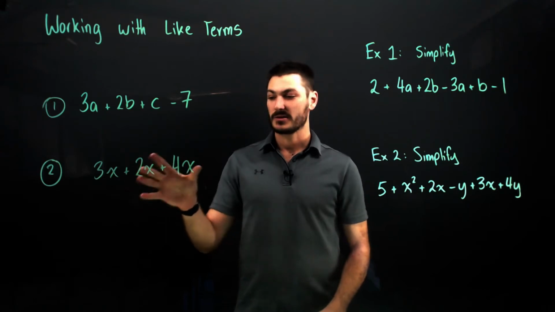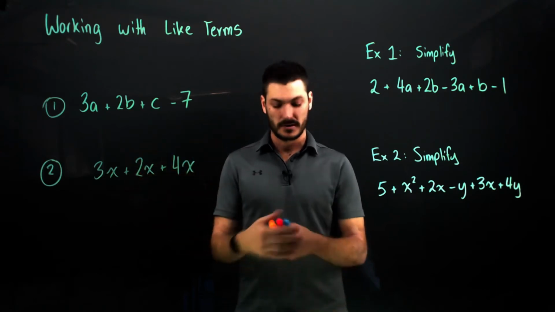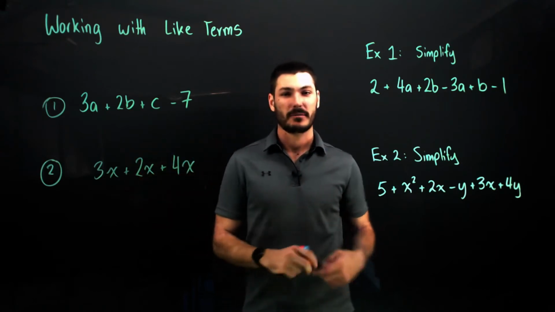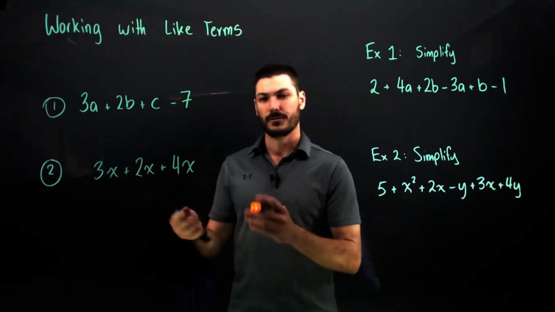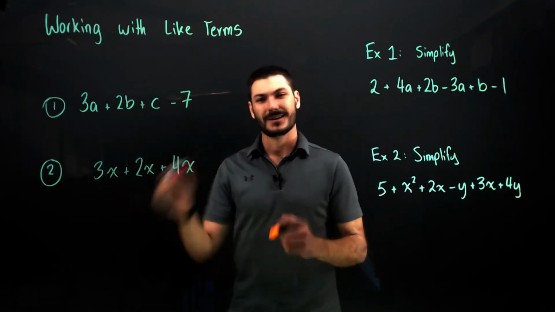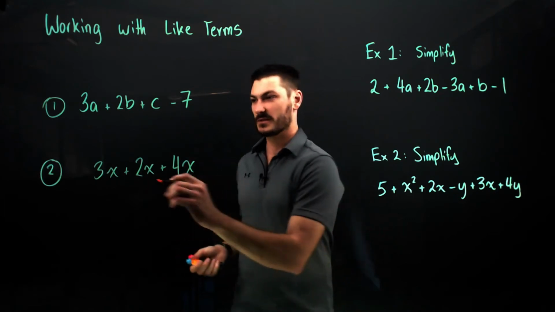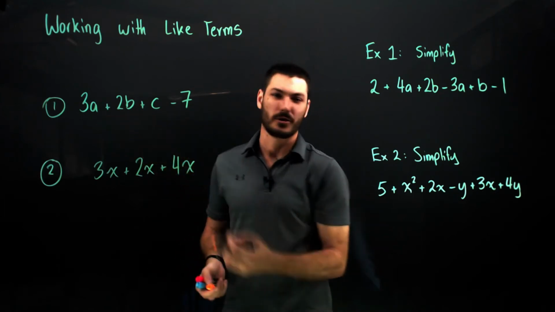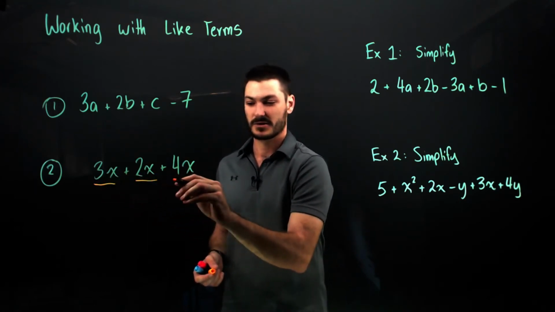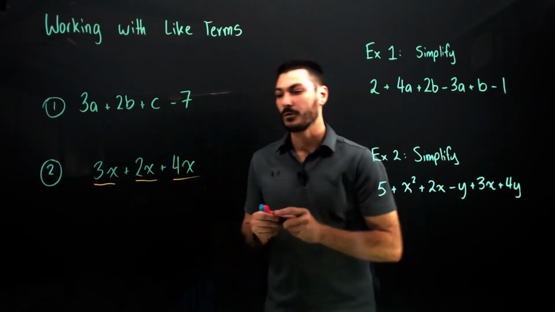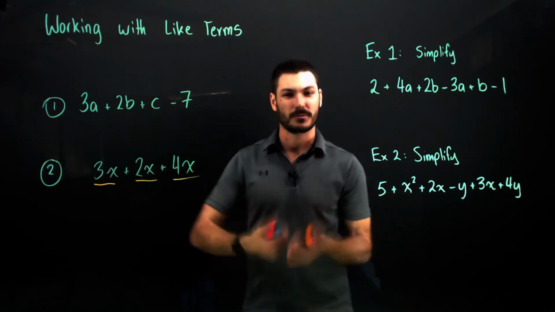We need to have a skill to recognize that. I highly recommend you grab a different color, maybe a red pen if you're working in black or blue, or a highlighter, and you go through and identify all the like terms. In the expression at the top, there are no like terms. Here, the 3x is like the 2x, which is like the 4x, and so all 3 of those are like terms, and we can group them together.